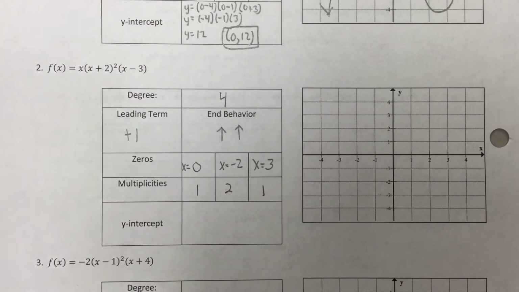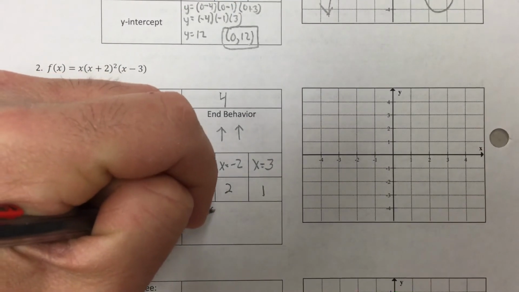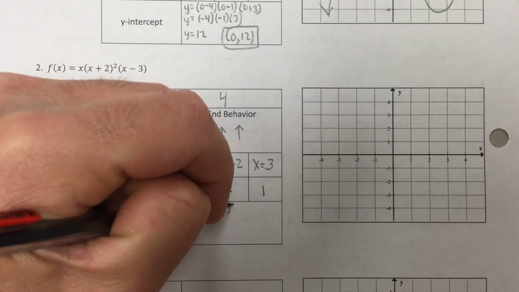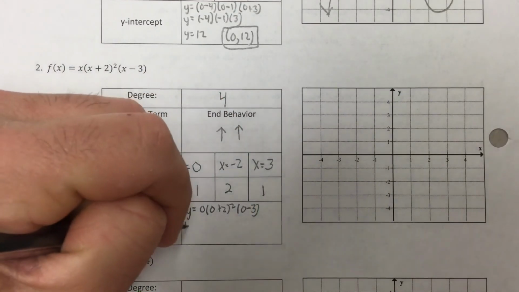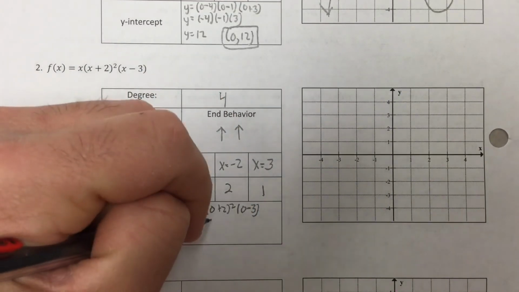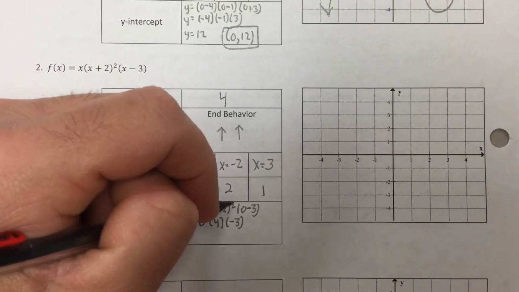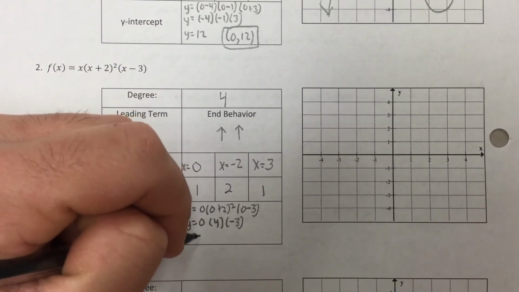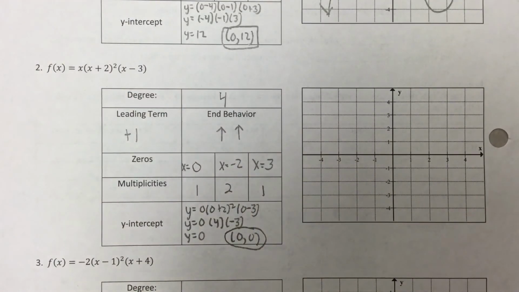If we're going to do the y-intercept again, I would set 0 in for the x's, and so that would give me 0 times 4 times -3. 0 plus 2 is 2, squared is 4. And then 0 times anything is 0, so my y-intercept will be 0, 0. So clearly we'll be able to make that point fit on our graph.